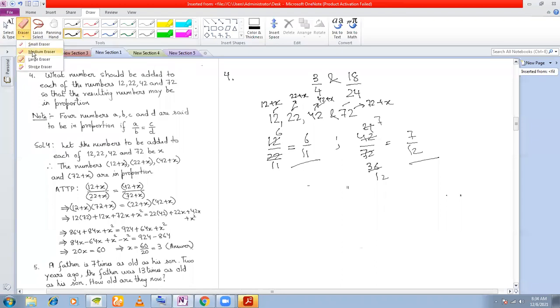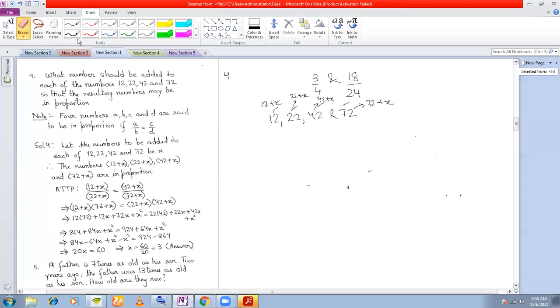Now, after adding x, if they are in proportion, then I can say that 12 plus x, 22 plus x, 42 plus x, and 72 plus x are in proportion, right? Okay, so let's write this in a proper manner.